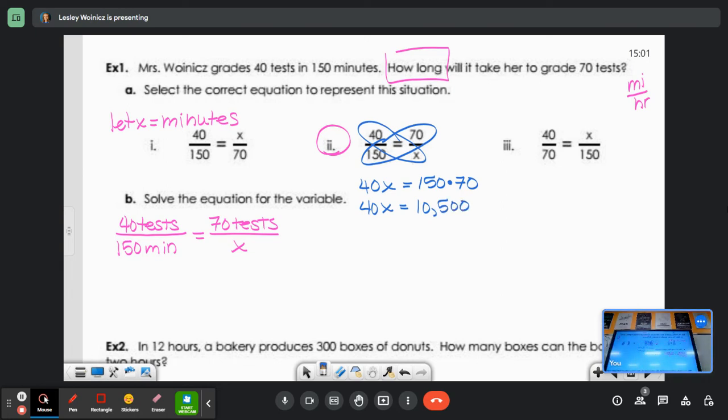Woo! Okay. I don't want 40 with my x. What's happening between the 40 and the x? Multiplying. So I undo multiplying by dividing. Use my division property of equality. 40s cancel, and I get x is?